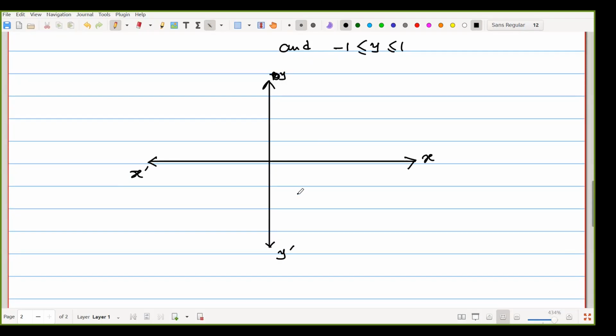So in the first quadrant, all the t functions, meaning the trigonometrical functions, sin theta, cos theta, tan theta, cosec theta, sec theta, and cot theta are positive. All the t functions are positive.